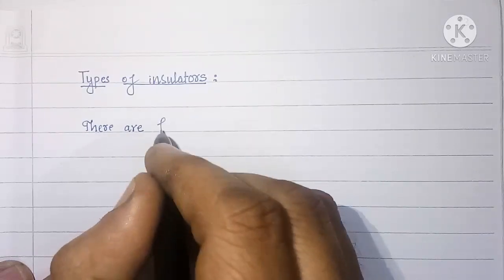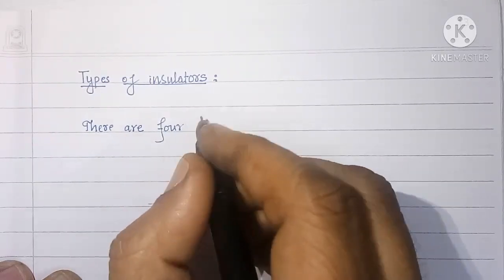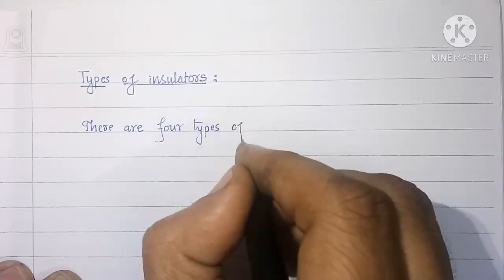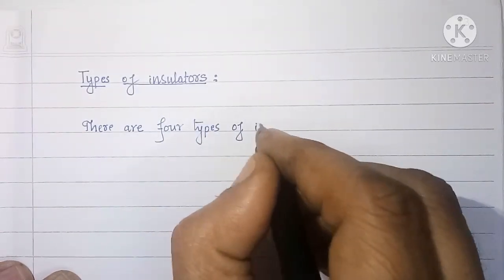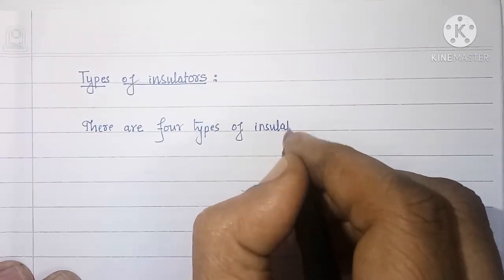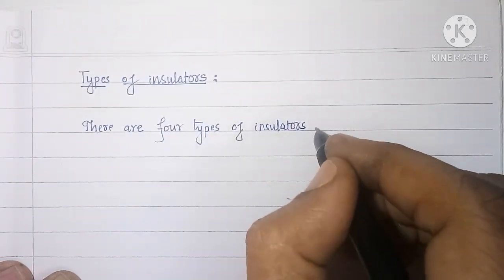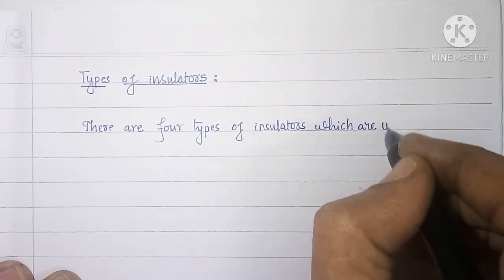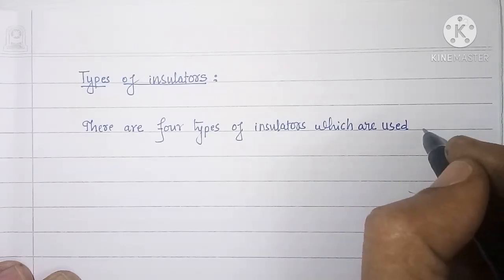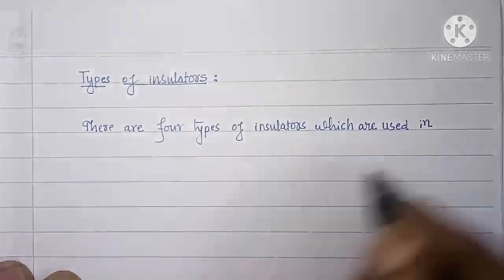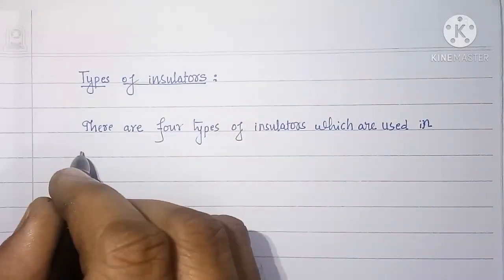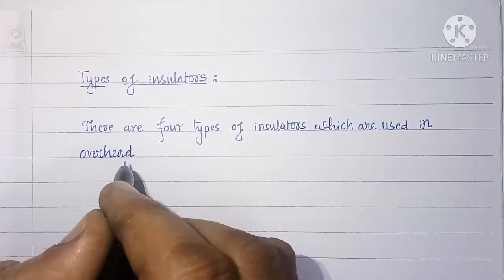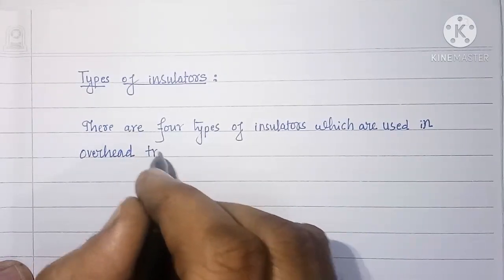There are four types of insulators which are used in overhead transmission lines.